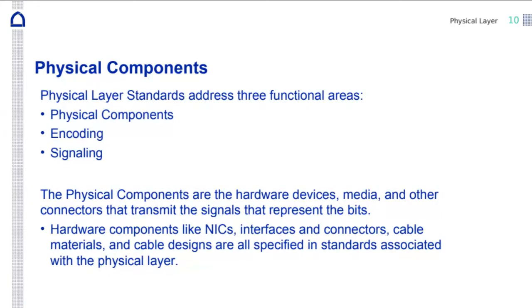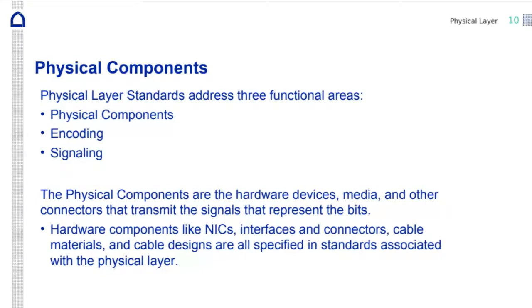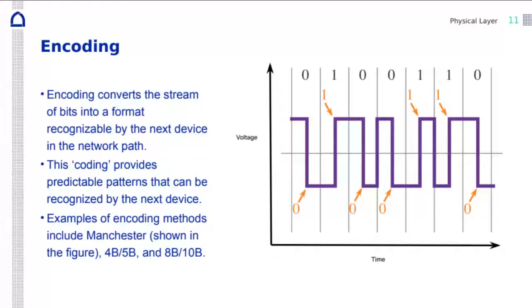Hardware components like NICs, the interface, the connectors of your cable, the cable materials, the cable designs are all specified in the standards associated with the physical layer. And we will see some of these connectors in the lab. I will show you some, and even the cables.